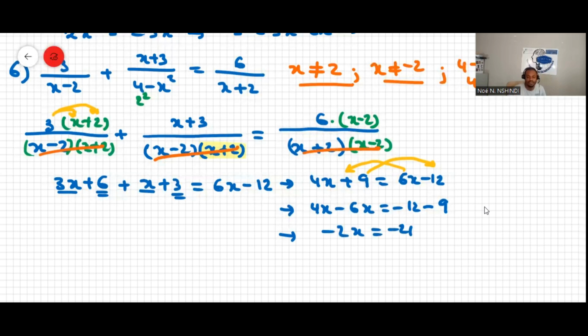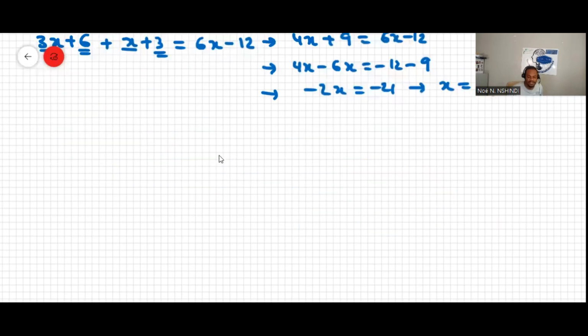To find x, this will make x equal to 21 over 2. That was question 6, and then question 7.